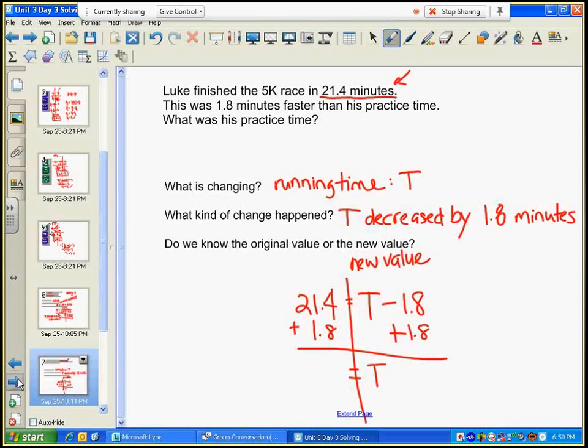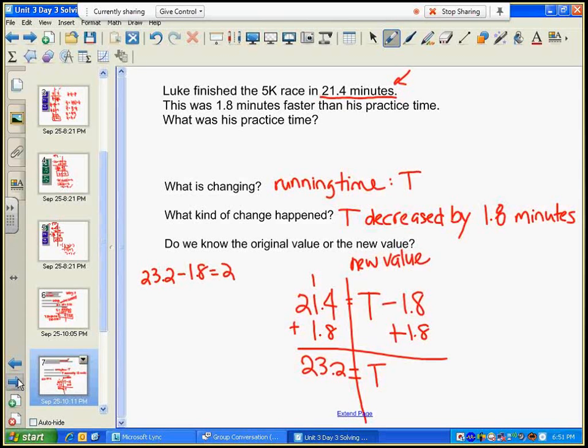So 2, carry the 1, 3. So my original time was 23.2. Let's check it out. So I have my original time, 23.2, minus 1.8. That should be equal to, what is it, 21.4.